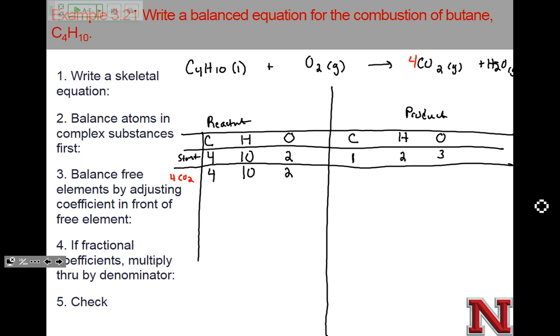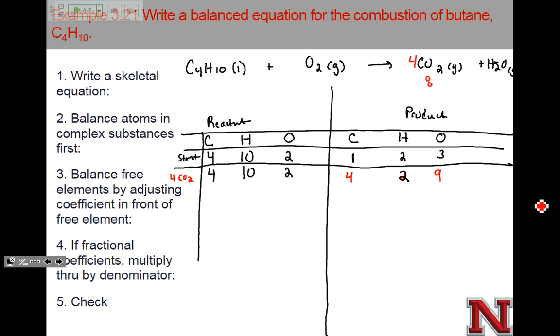But now I have 4 carbons. I still have only 2 hydrogens because I didn't do anything to the H2O term. But now 4 times 2 is going to be 8. And adding that to my other oxygen, that's 9. Everyone sees why that's 9?